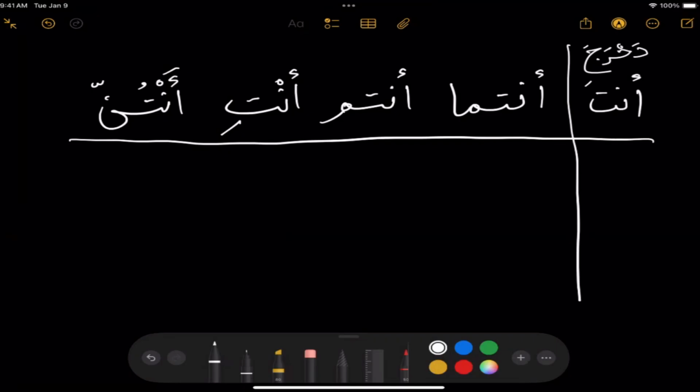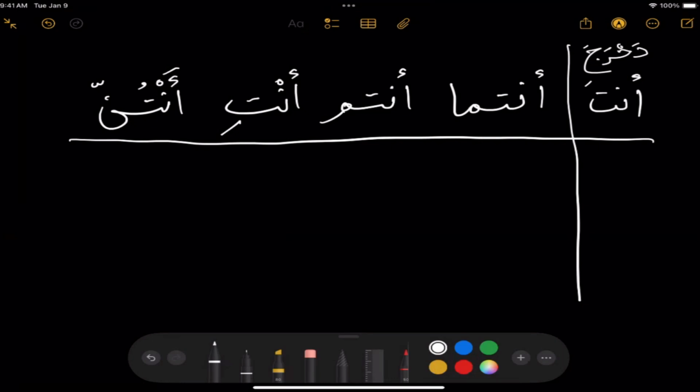You're informing. You're not commanding. You're not denying here also. There's no denial here. Anta tudahriju. You roll something. So then you're going to remove the mudari' letter. And in this case, before we remove the mudari' letter, there is a vowel after the mudari' letter.